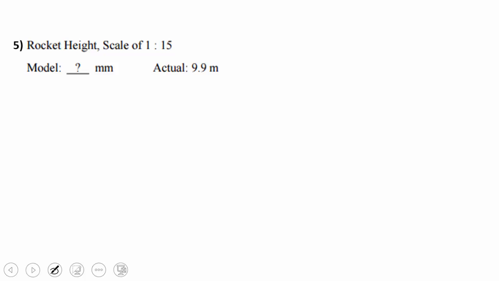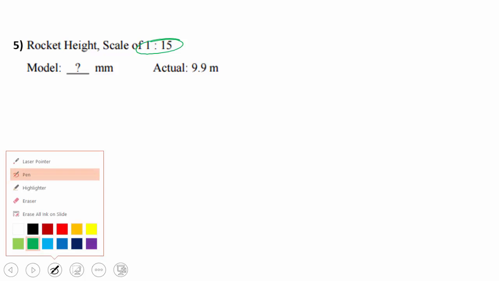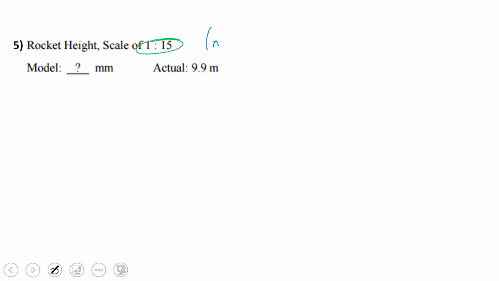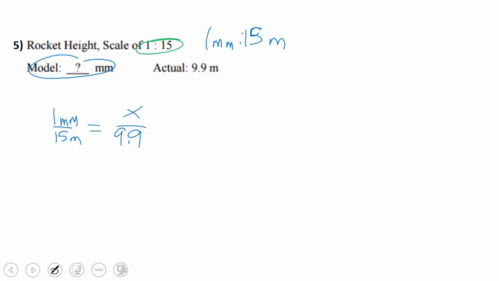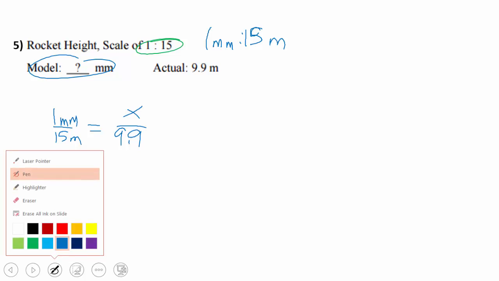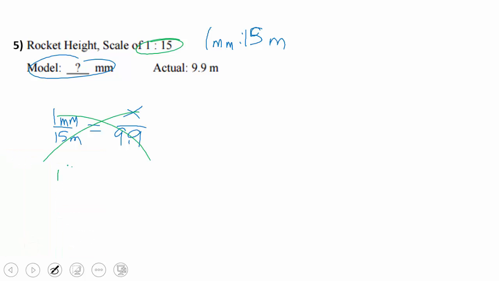Our rocket height, a scale of 1 to 15, they've done that incorrectly. It should be 1 millimeter to 15 meters. That is the first ratio in our proportion, 1 millimeter to 15 meters. We don't know the model, so that's the unknown, and we know the actual rocket is 9.9 meters. Doing our cross products, we get 15x is equal to 9.9.